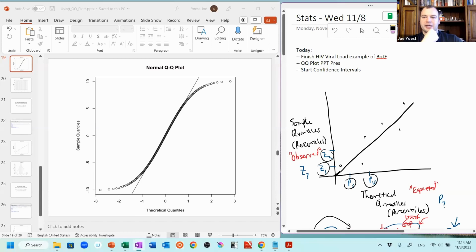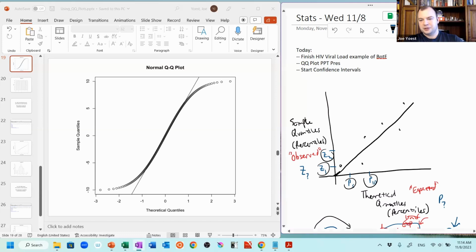One thing that I could ask to make this a little more objective, I could say, well, if my points are generally quite far away from this 45-degree line, that's kind of bad in a sense. That's indicative of not being distributed according to the model that I'm testing it against. And if they are, for the most part, pretty close to that line, then that's indicative of being distributed according to that model.